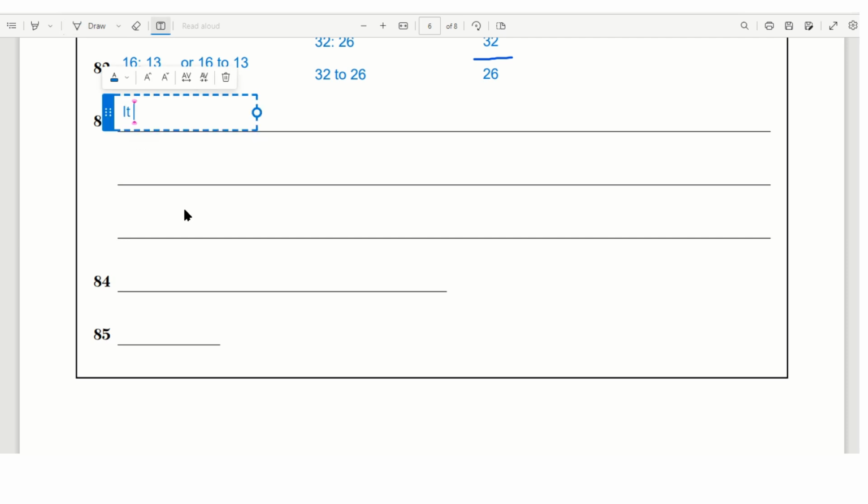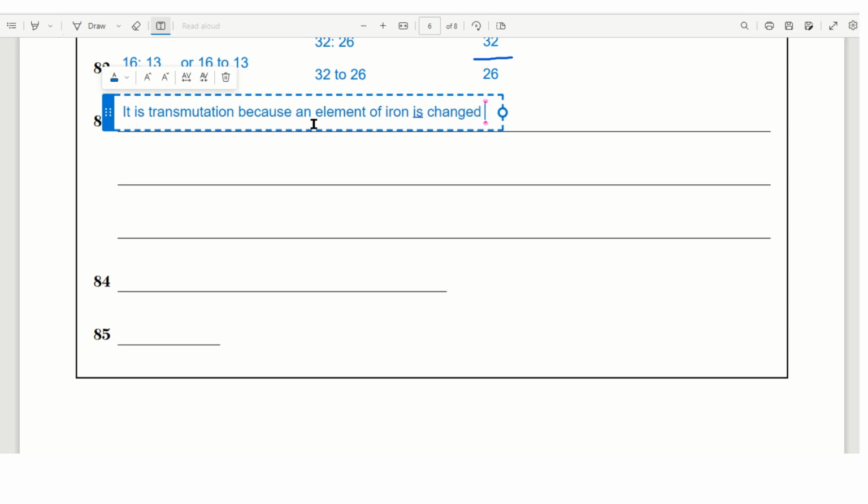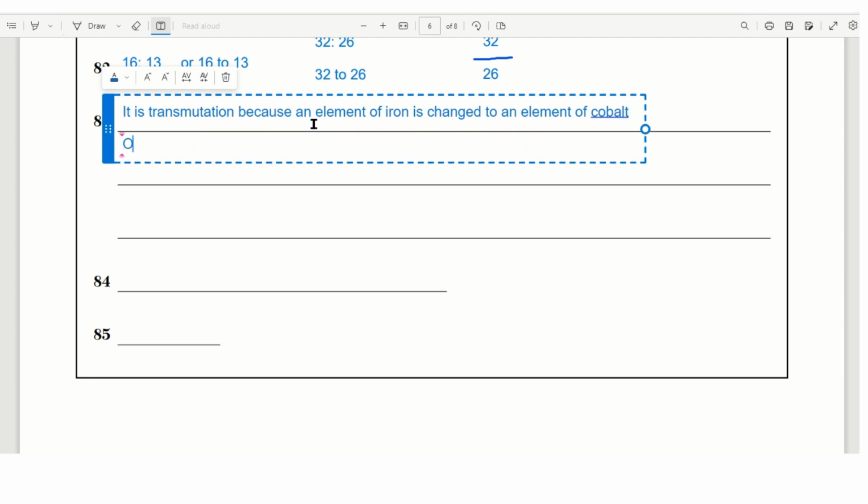It is transmutation because an element of iron is changed to an element of cobalt. All right, or you could just say one element is changed into a different element.